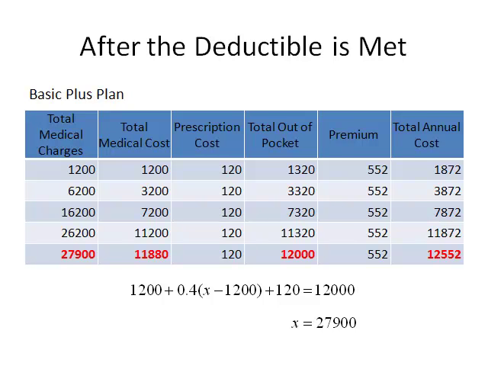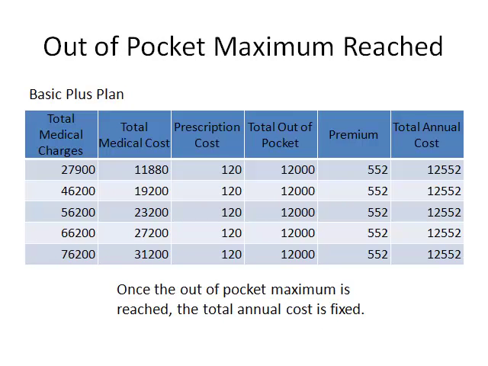For this amount of charges, the total annual cost is $12,552. For any amount of charges above $27,900, the total out-of-pocket is $12,000 and the total annual cost is $12,552.